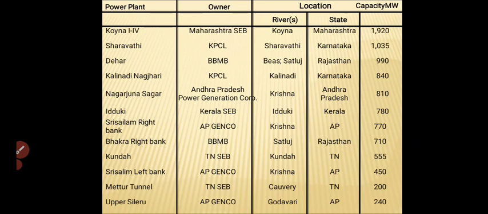The sixth one is Idukki, located in Kerala, with a capacity of 780 megawatts.